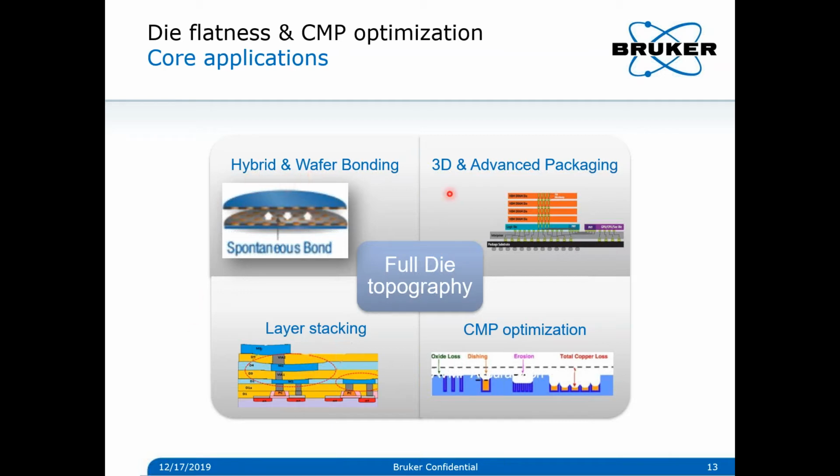The other point is what we see, especially in imaging solutions, they are more and more hybrid or wafer bonding. Wafer bonding, especially in imaging, is made in a way that one wafer is processed to have the pixel connections, and the other wafer is made to have the active pixel.